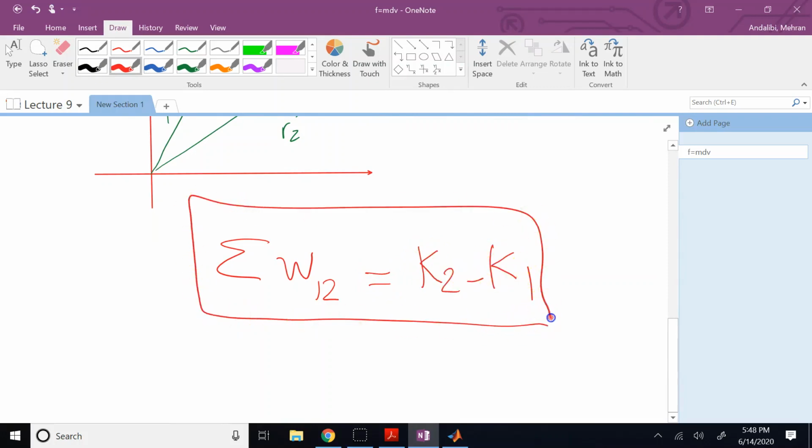So this new formulation says the sum of the works done by all forces on the particle from position 1 to position 2 is equal to the change in its kinetic energy. Okay, so this is called the work energy principle, which we're going to use in this chapter.